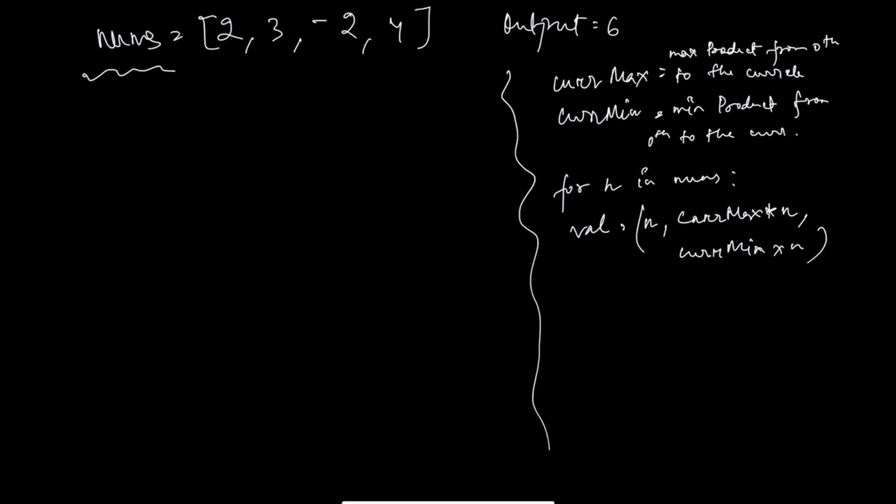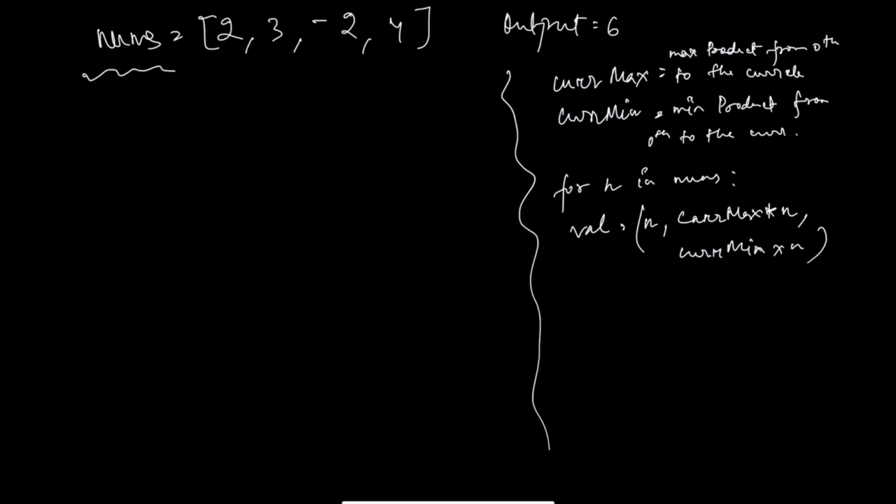Now there must be a question: why do we need to keep track of the minimum product when the question is all about finding the maximum product subarray? The reason behind this is, in our array there must be some elements which can be negative. So for those negative elements it is possible that the previous minimum possible product can turn the current product into a greater value.